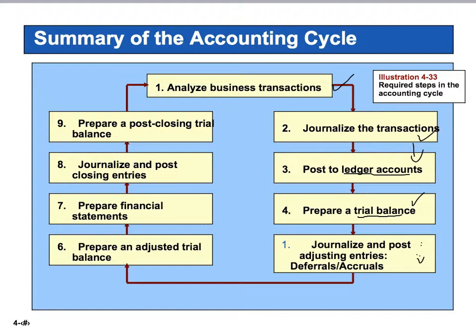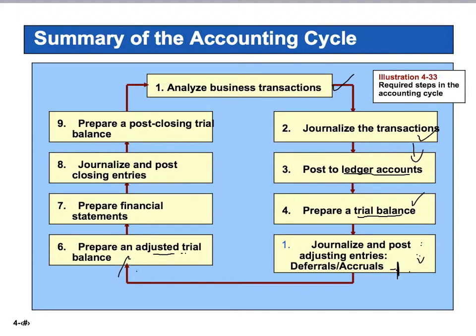These happened over time, and at the end of the accounting period, I must therefore make some entries to adjust between the income statement and the balance sheet, and adjust between two accounting periods. Once I've done that, I post them to the ledger, and I then prepare an adjusted trial balance.